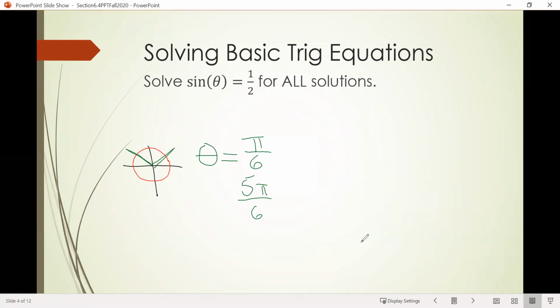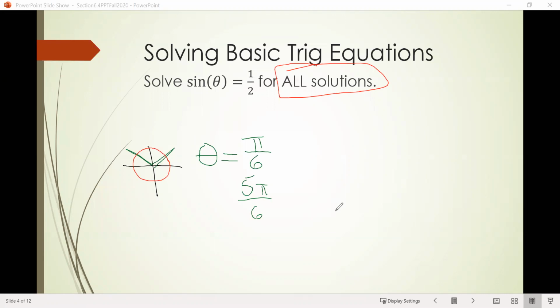Here we're asked now to solve sine of theta equals 1/2 for all solutions now. And as you recall in that one that we did at the beginning, there was an infinite number of possibilities to find angles that had the given sine.